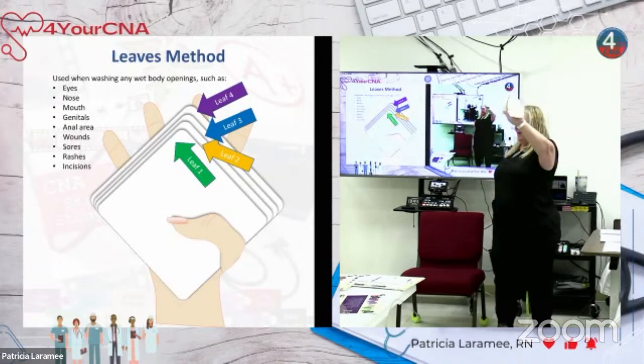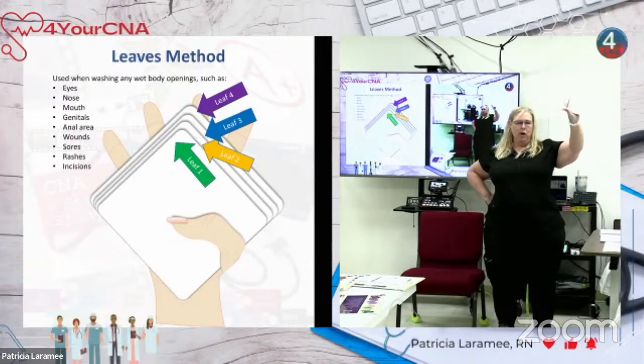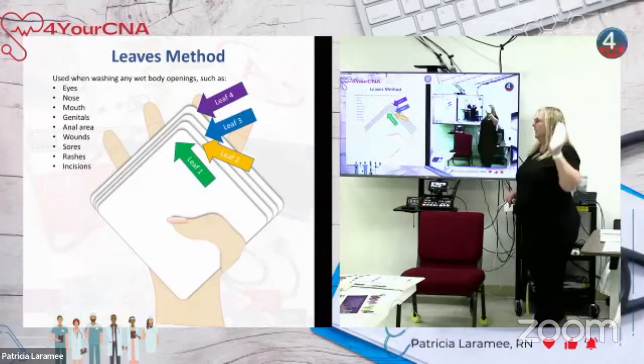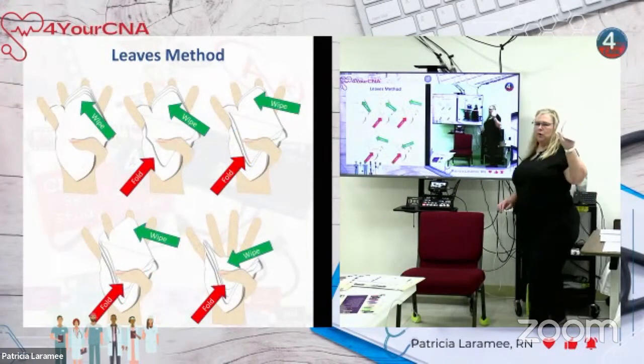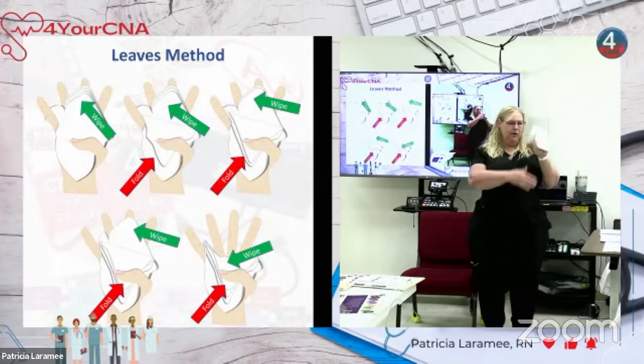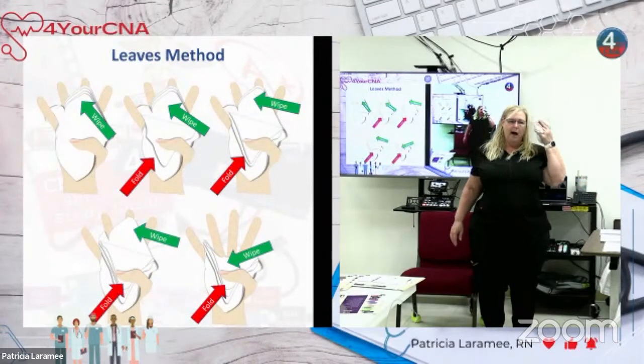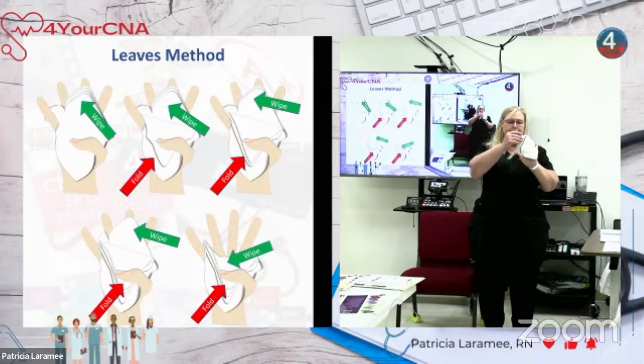And you now have a way of holding a washcloth that lets us wash wet body openings without cross-contamination. So the way this works is we're going to wipe something with the top leaf. So maybe an eye. And then we're going to fold that over so that any contamination gets trapped underneath.